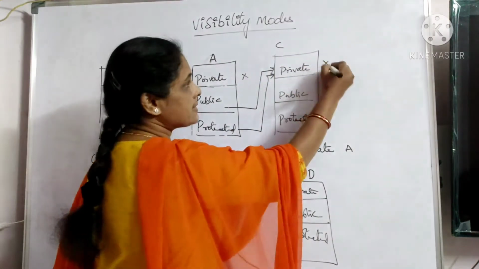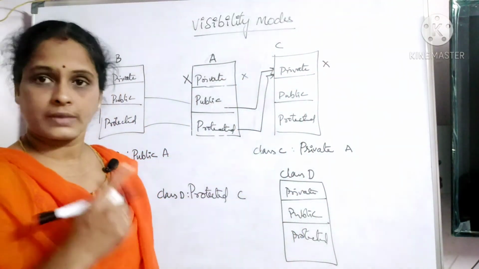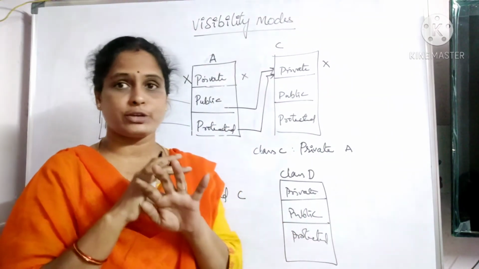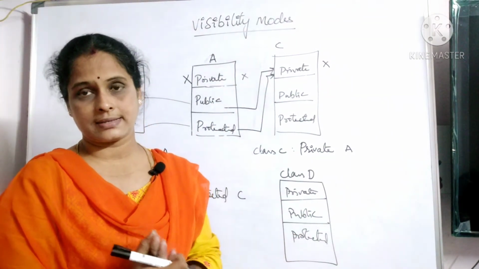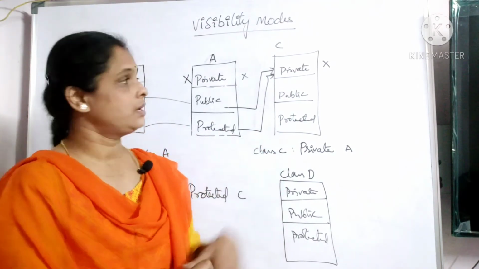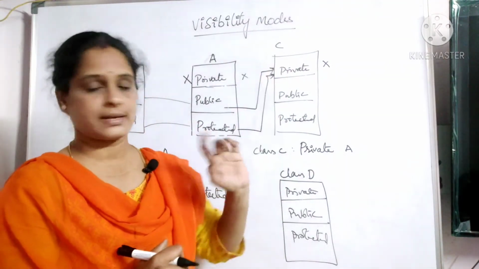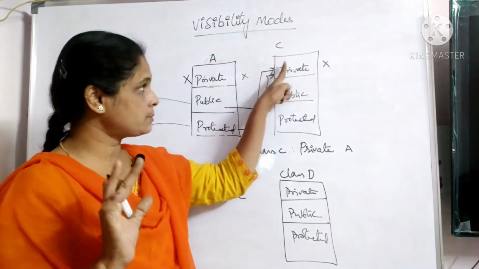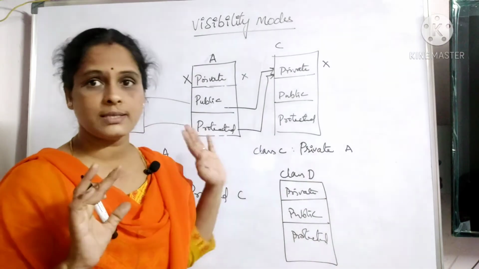I cannot access the private data as usual. So private data of any base class cannot be accessed outside the base class. You have to remember it. It is a rule. So this private data will not come and join in this set of data.